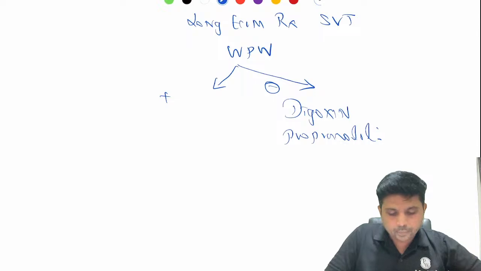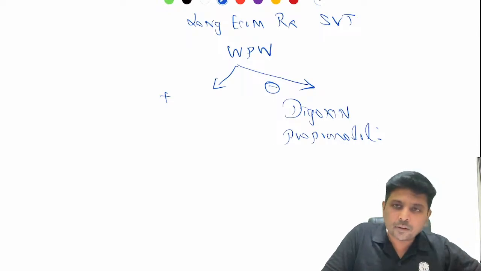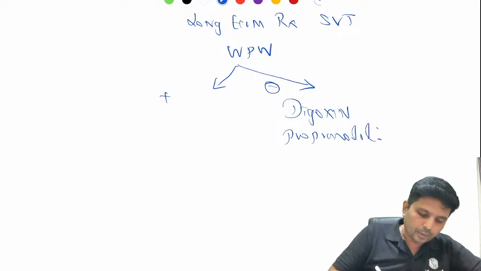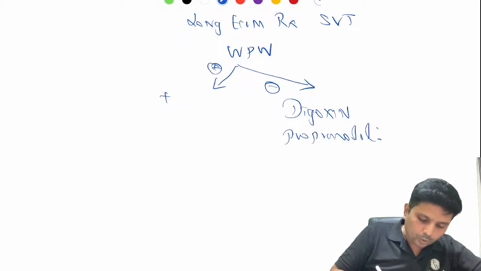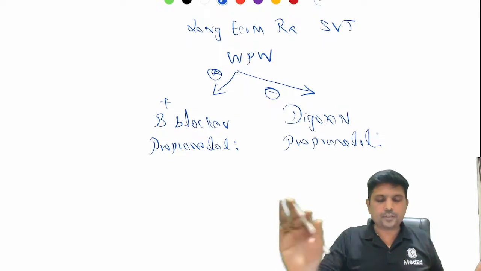But when WPW syndrome is present and you give digoxin, the child will have further supraventricular tachycardia. So WPW absent means digoxin and propranolol. If it is present, only beta blocker or propranolol can be given. That's it.